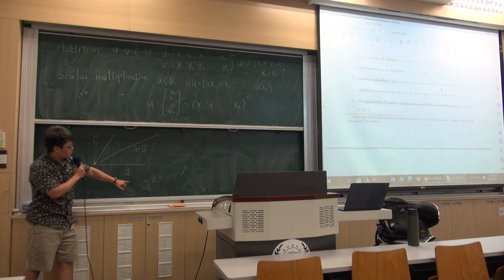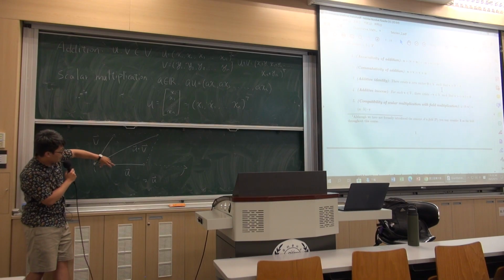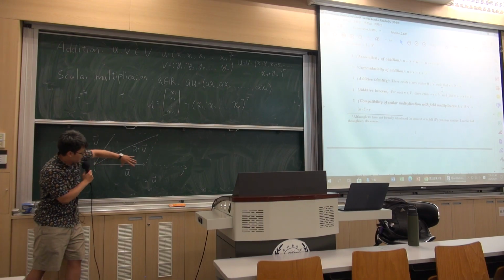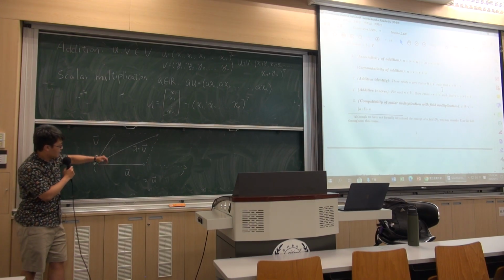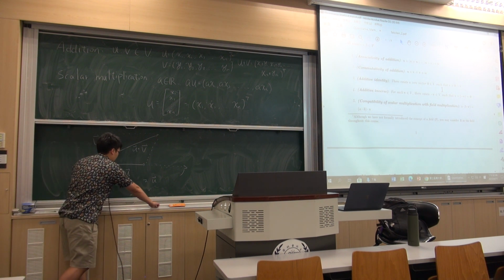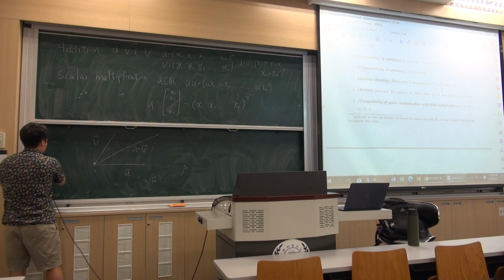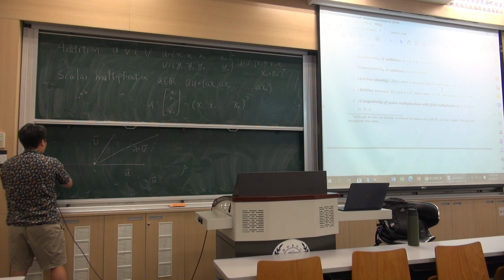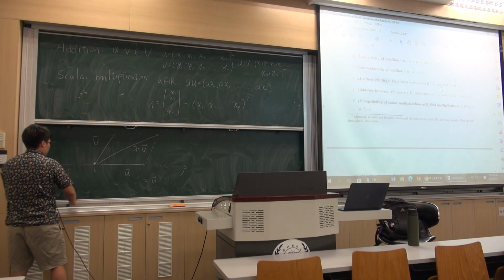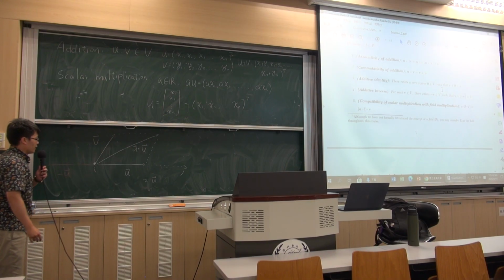If you multiply by a number, it just extends or shrinks the vector. If you multiply by a negative number, you get the opposite direction. For example, minus u looks like this one.